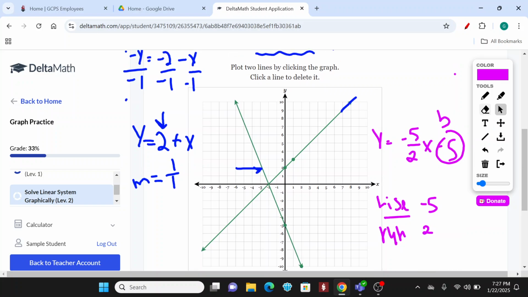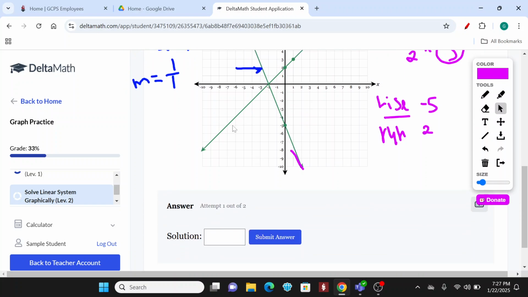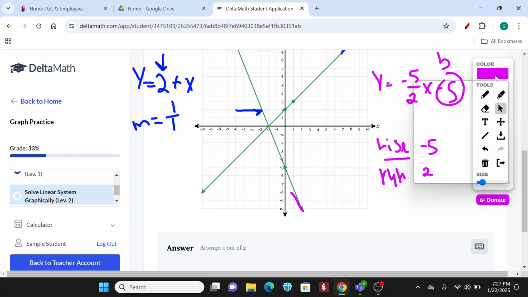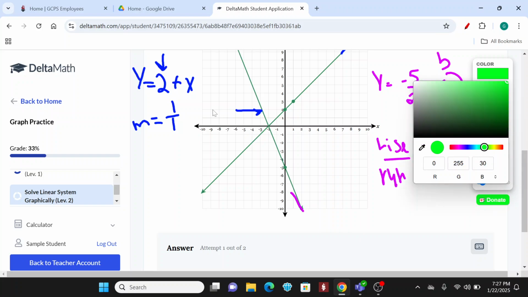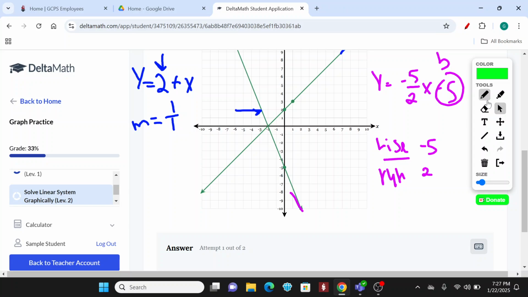Now, this is our pink line. Okay, now our solution, it's going to ask us for our solution. And the solution is the point of intersection. So when our two graphs are meeting each other, when they intersect, it's going to be at this point right here in green.